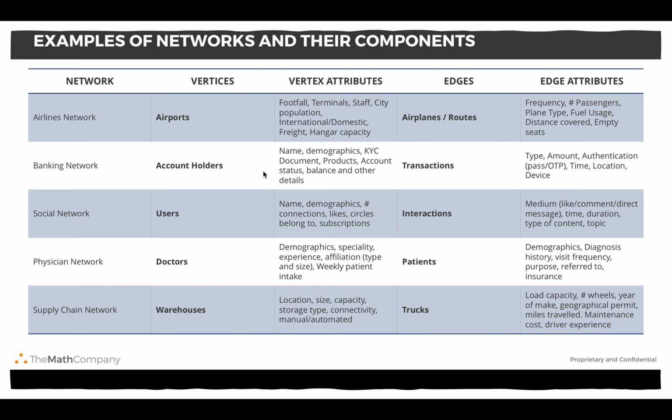And then how they are interacting with each other, if they are retweeting each other's posts, for example, or liking each other's posts, then we would say that there is an interaction. And then we could also attribute things like the time and duration that they have been in contact with each other, what type of content they have, what type of topics they are posting most often.